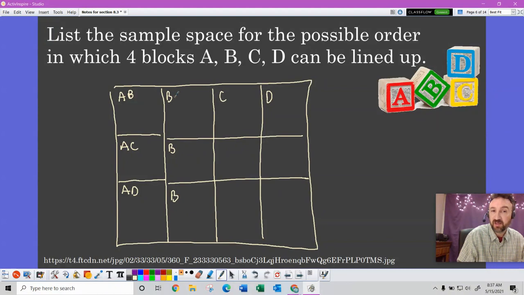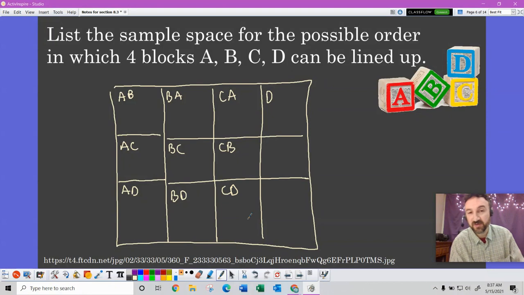So we can get B first, then A, B first, then C, B first, then D. Or C first, then A, C first, then B, C first, then D. And I think you can kind of start to see what I'm doing here and how I'm trying to organize my list.